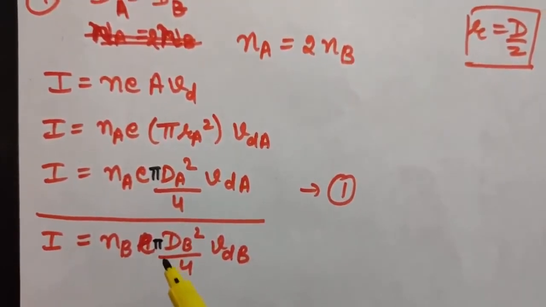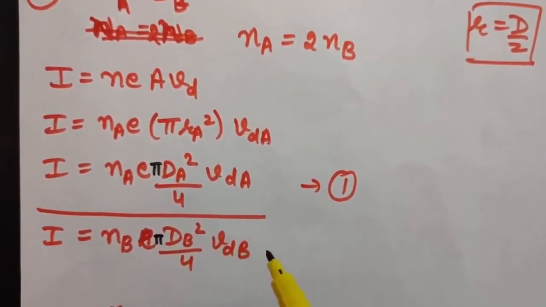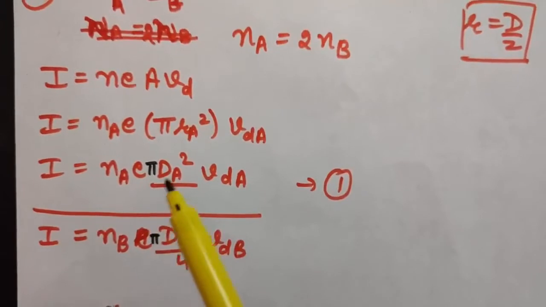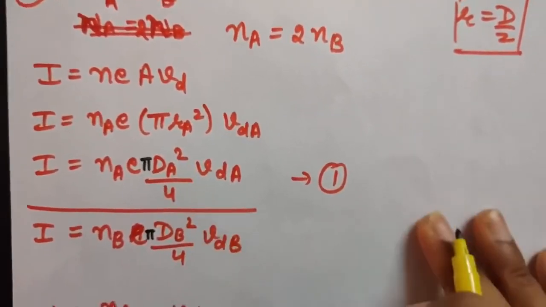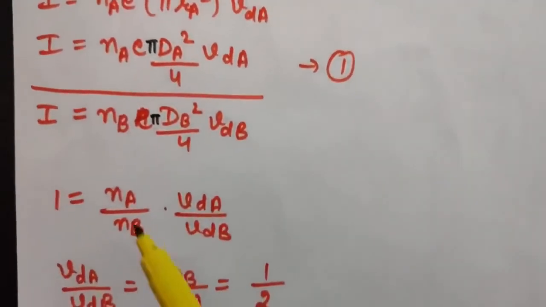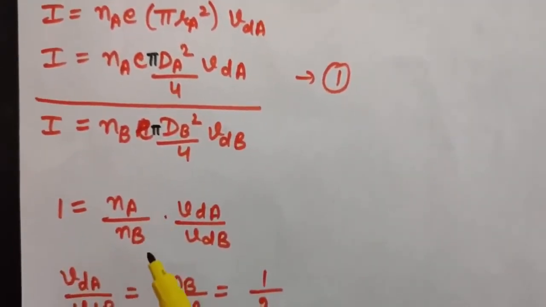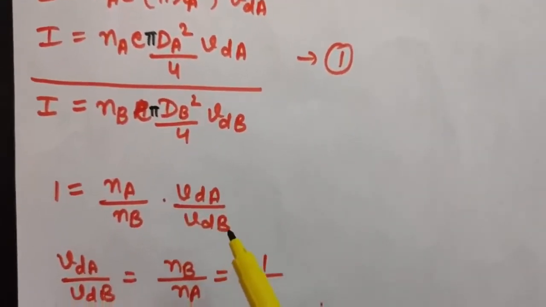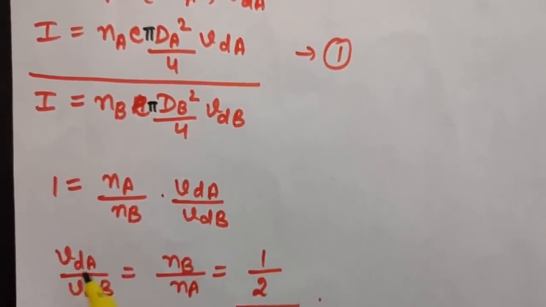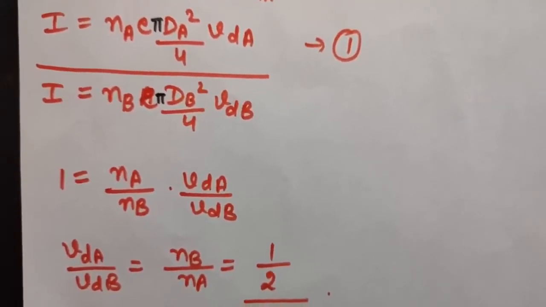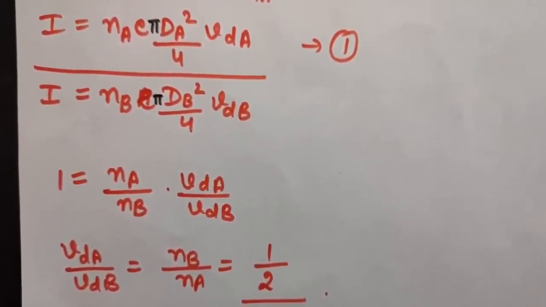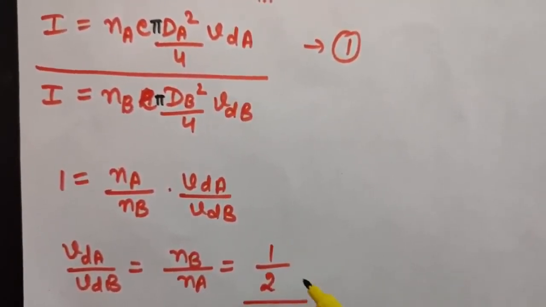NB E pi dB square upon 4 into VdB. So I will cancel out, E pi will cancel out, and because dA is equal to dB, this term will also cancel out. So from here you will get 1 is equal to NA upon NB into VdA upon VdB, or you can write it as VdA upon VdB is equal to NB upon NA, and in the question NA is given to be 2 times NB. That means the answer will be 1 by 2.